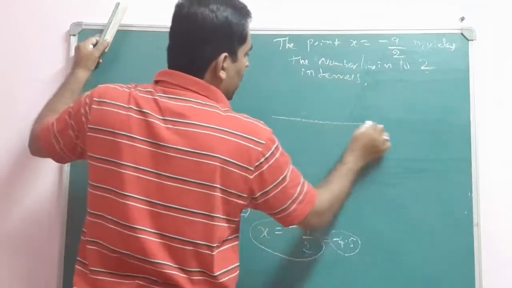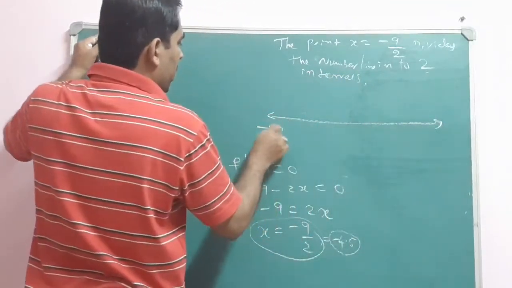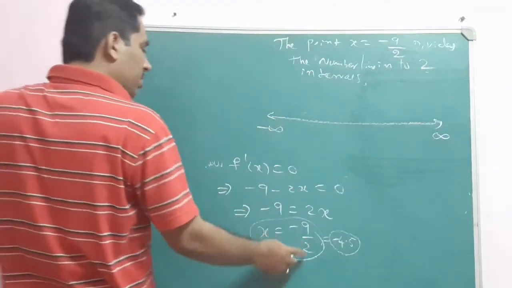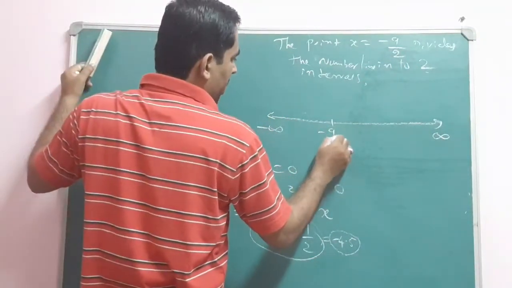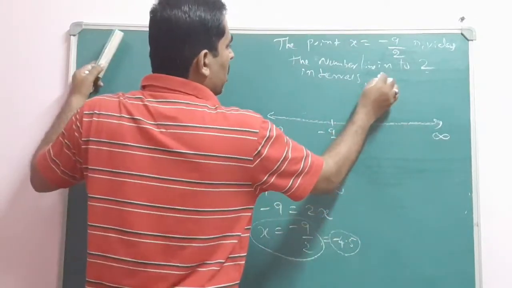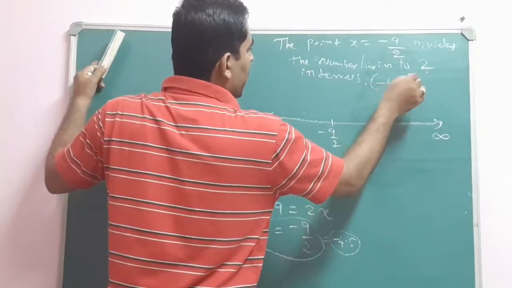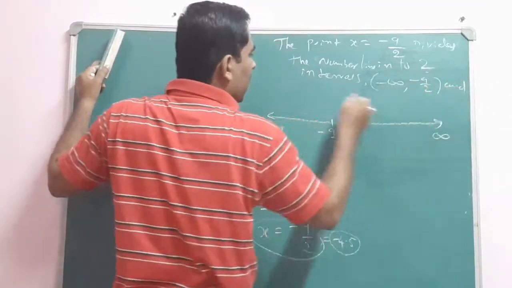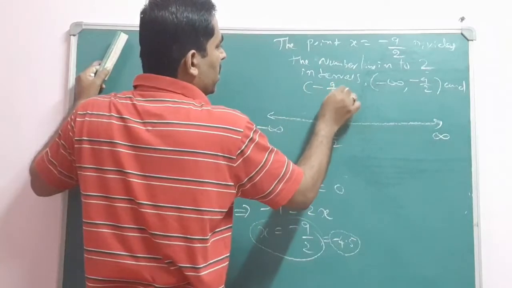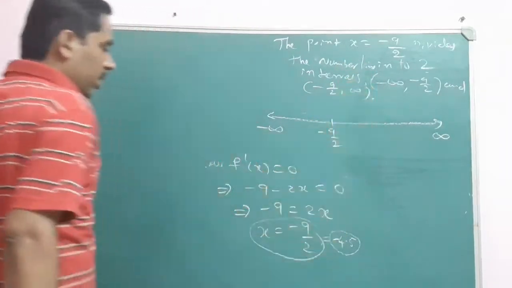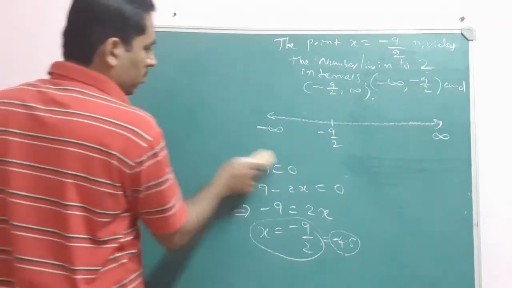So what are the intervals? Minus infinity to infinity, and the point I got is minus 9 by 2. That means this is the first interval and this is the second interval. That is minus infinity to minus 9 by 2, and another one is minus 9 by 2 to infinity. So these are the 2 open intervals.